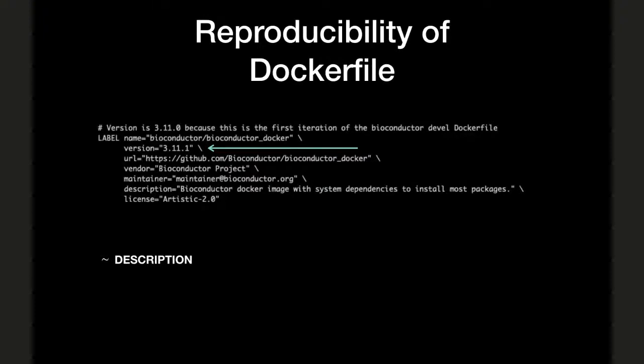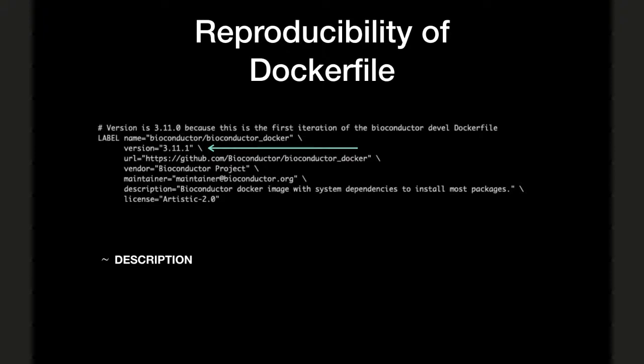So I just wanted to touch on the reproducibility of the Dockerfile. In the Dockerfile, we've introduced these labels, which very closely mimic the description file of a package. We have something called the version number in this. The version number represents the Bioconductor version. So this is for the devel Docker image.